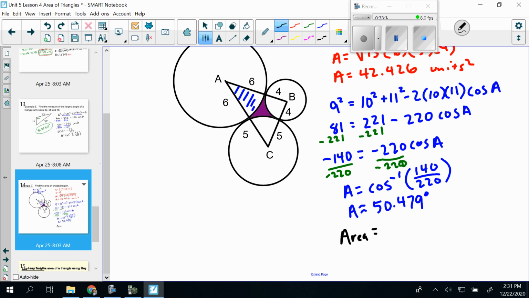The area of that sector is going to be our angle we just found over 360 times pi r squared, and the radius of that circle is 6, so pi times 6 squared. If you put that in your calculator, you're going to get that the area of that sector is about 15.858.